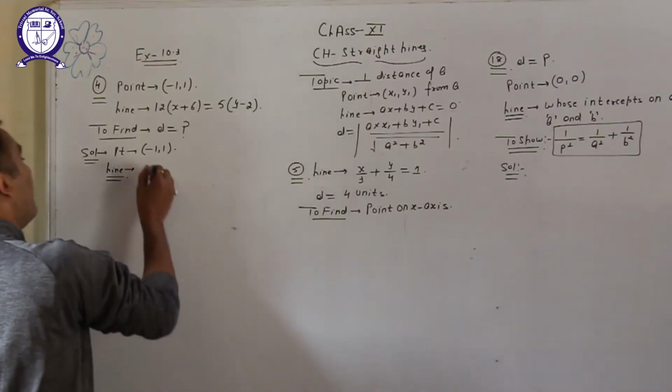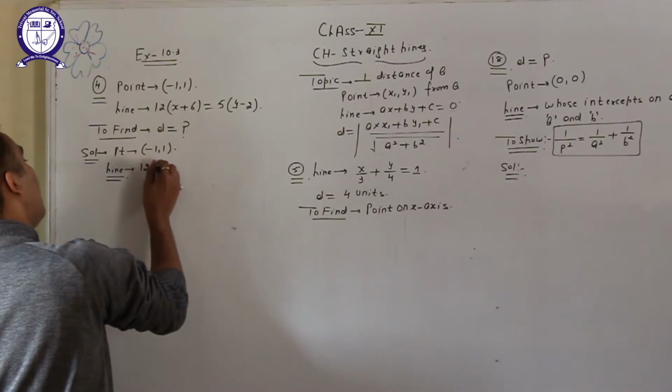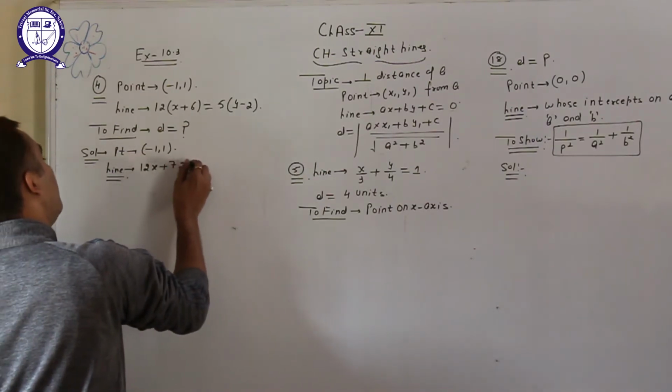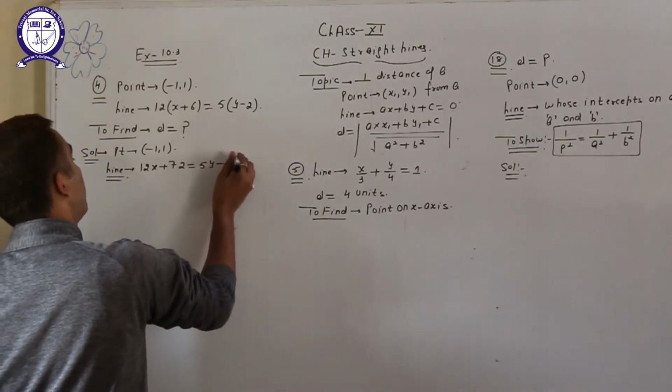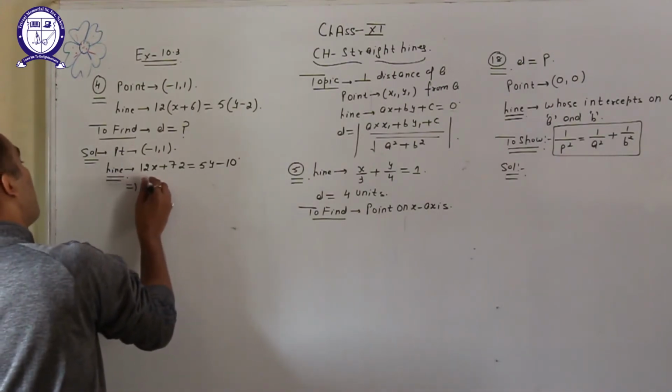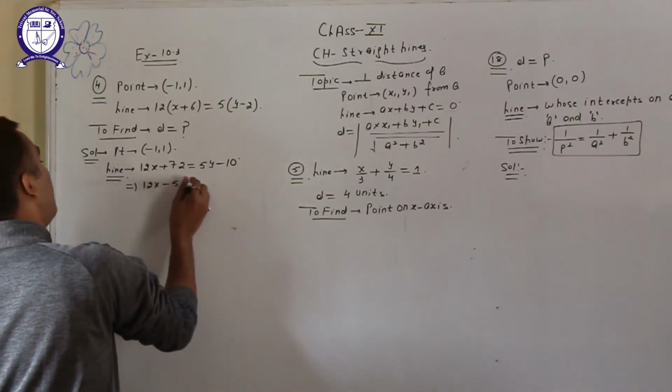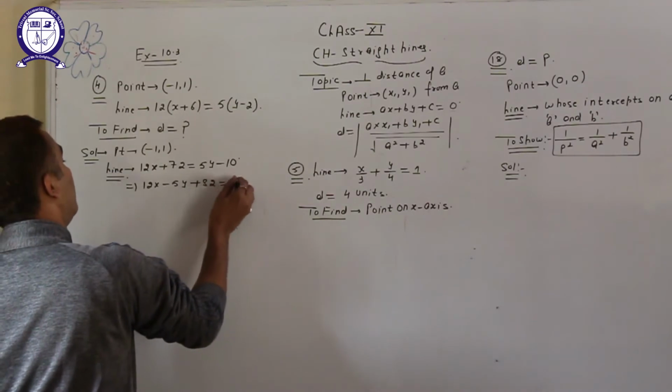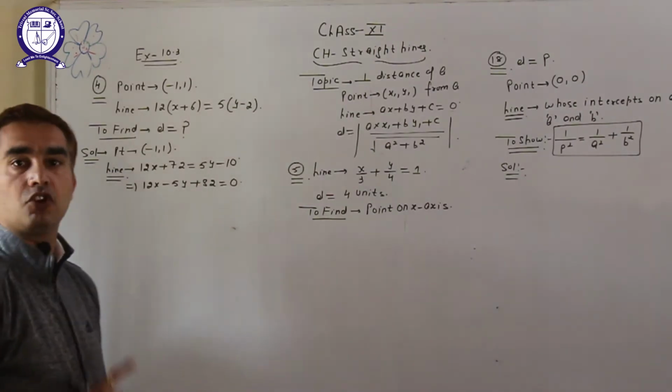Line, make it proper, open the brackets, that is 12x plus 72 is equal to 5y minus 10. It becomes proper form is 12x minus 5y plus 82 is equal to 0. Proper general equation of a line.